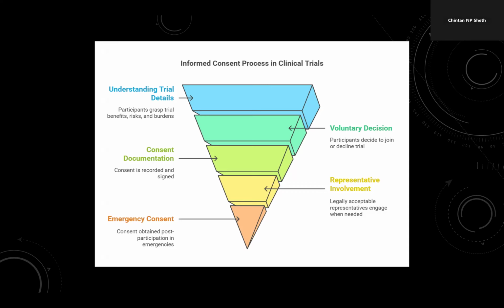The information provided during informed consent should be designed to achieve the primary objective of enabling the potential trial participant to evaluate the benefits, risks, and burden of participating in the trial.